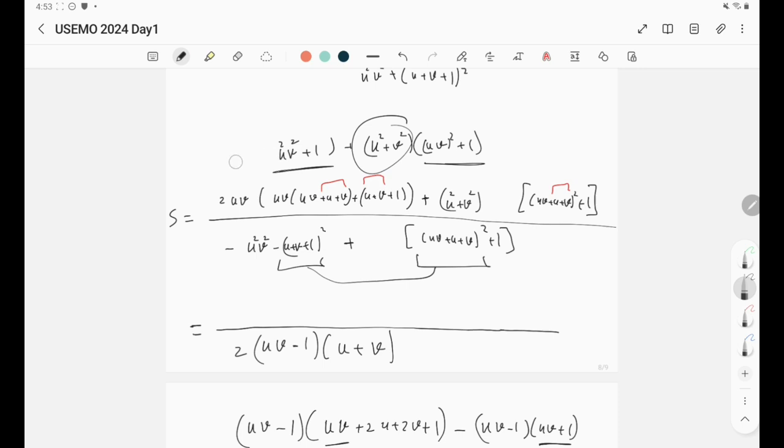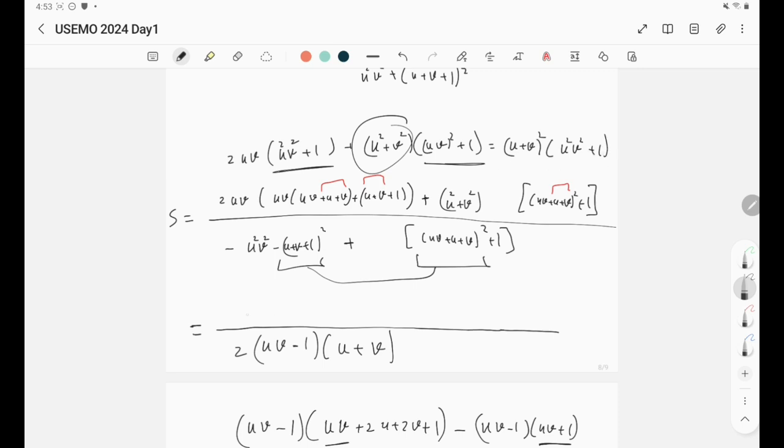Very nice. In fact, what you can do here, yeah, you know what, I think if you keep this, it's going to help us, because as we said, this thing is just (u plus v) all squared times (uv) squared plus 1.